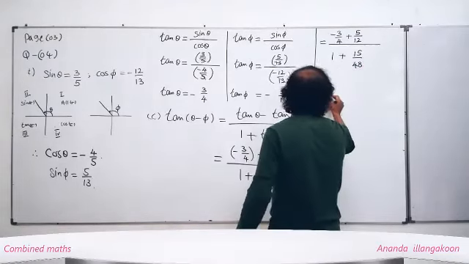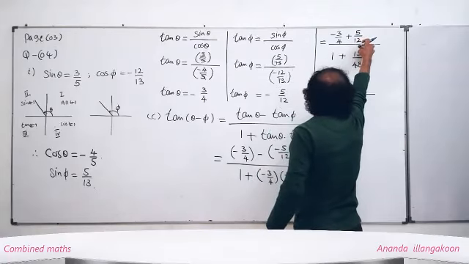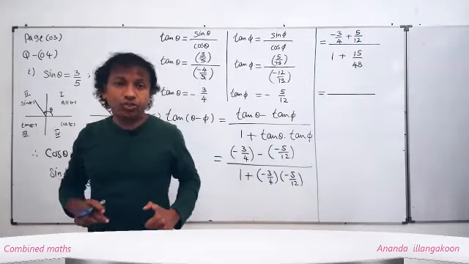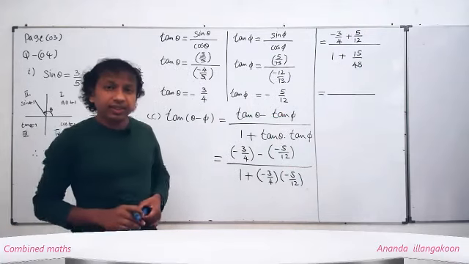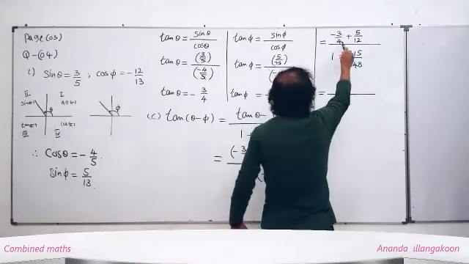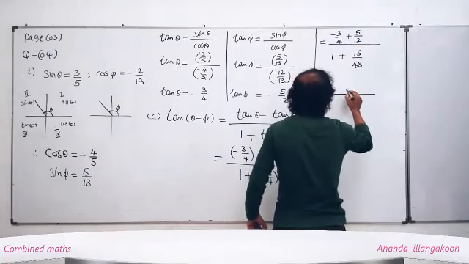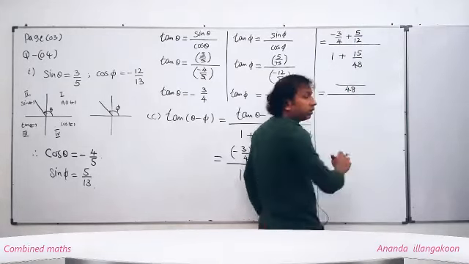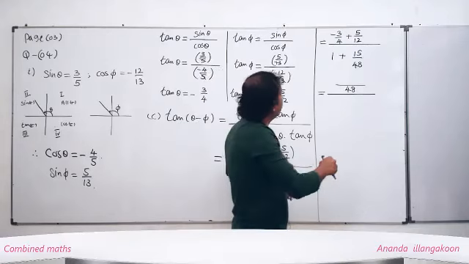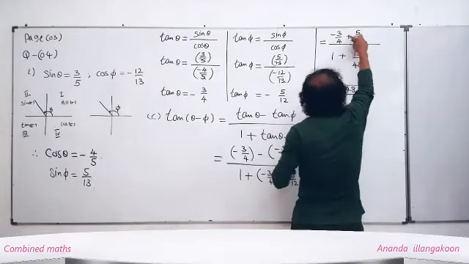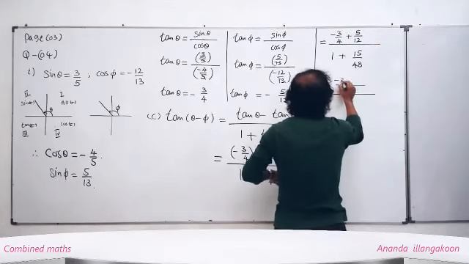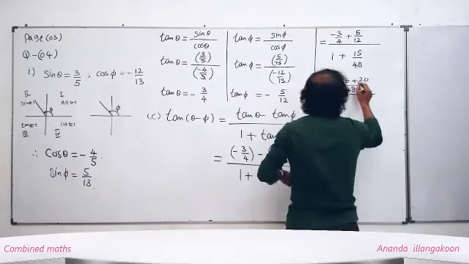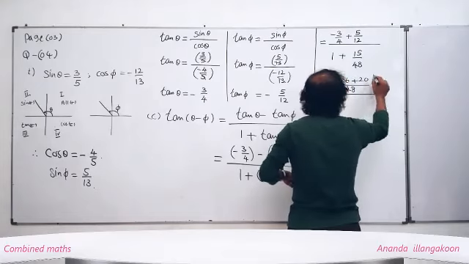Okay. Now, for this numerator, I am going to take 4 and 12. The least common multiple of 4 and 12 is 12, but I am going to take the product of 4 and 12 as the common denominator. What is the product of 4 and 12? It's 48. Once we take the product as our common denominator, we can use cross multiplication like this. 12 times minus 3 is minus 36. 4 times 5 is 20.